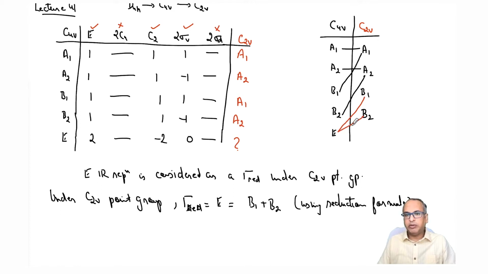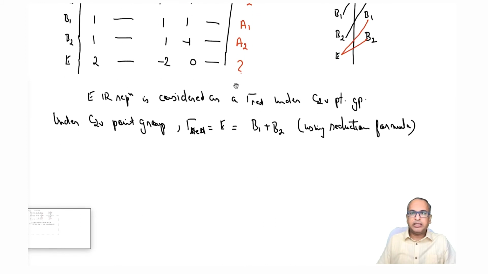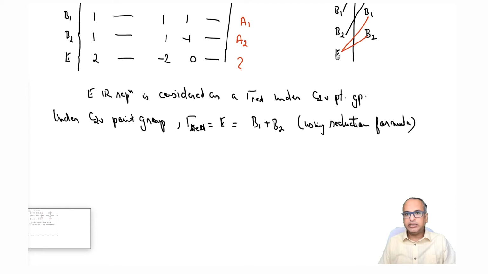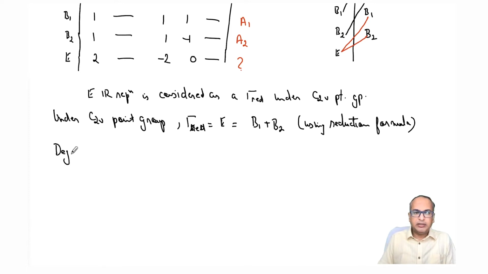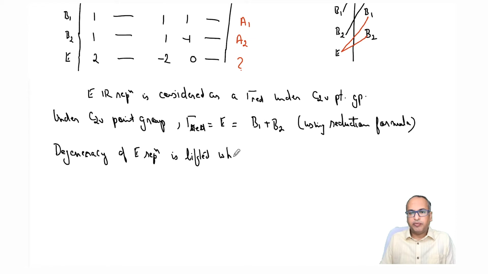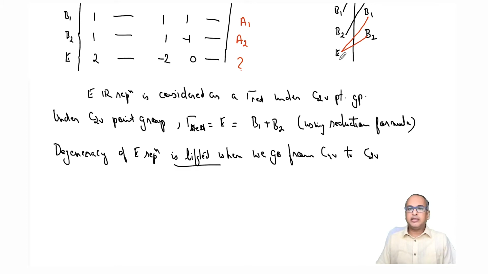Okay, so now you see that B1 and B2 both are correlating with E. That means that my E representation, which was earlier degenerate in C4V, we can say that the degeneracy of E representation is lifted when we go from C4V to C2V.